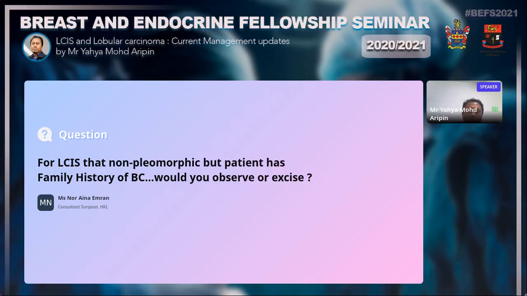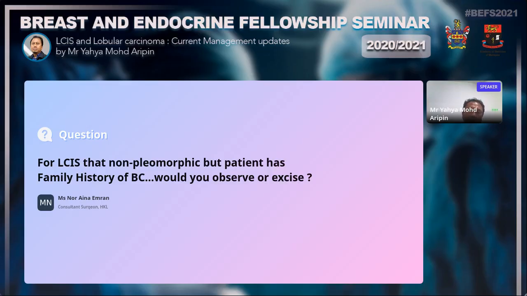I think you can observe, especially if you don't have any findings in your imaging. If you don't have any findings on imaging and your histology says that it is non-pleomorphic LCIS, I think you should observe the patient with active surveillance.